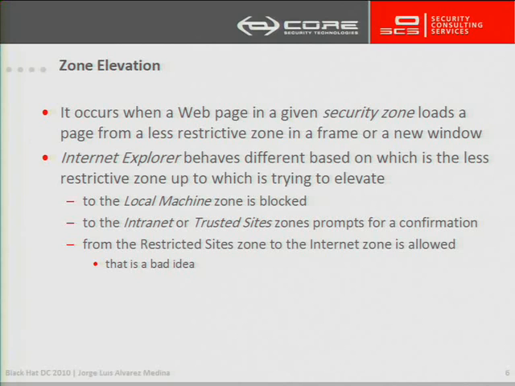I mean, a site located in the restricted sites zone could reference eventually a resource located in the internet zone, which is a bad idea because a couple of years ago, the first attack vector in this line of attacks also abused this feature. But for example, you cannot elevate privileges from a site located in the internet to the local machine or to trusted sites. That kind of elevation is not allowed.